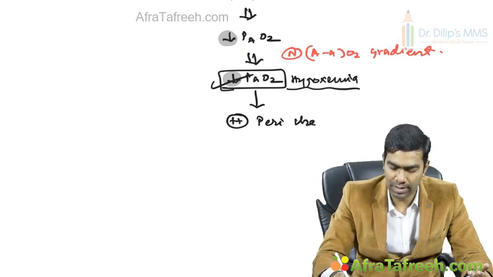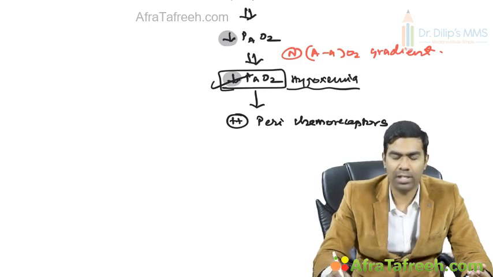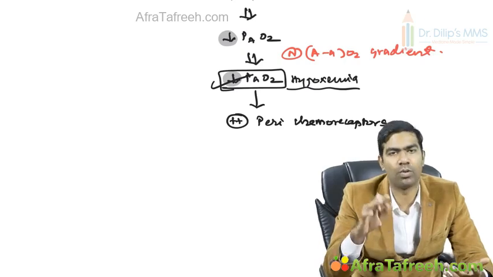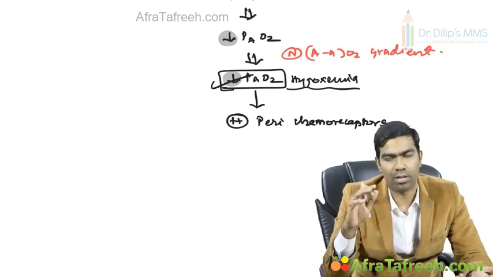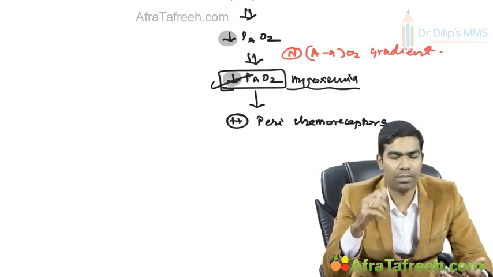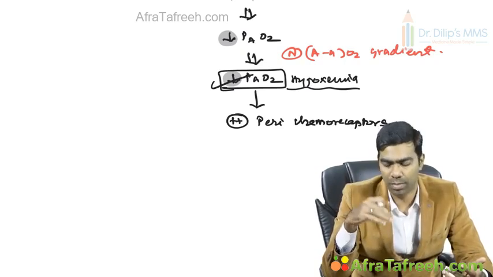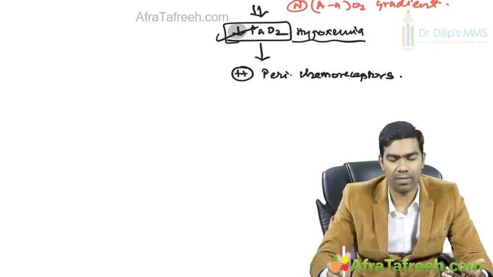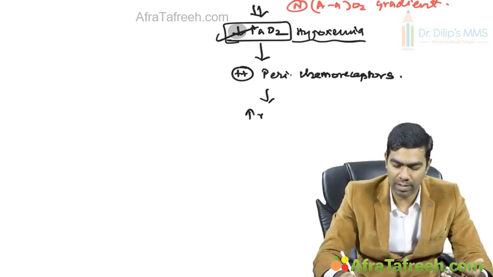This low oxygen itself will activate the peripheral chemoreceptors. Please do remember, and I shall discuss this later, the central chemoreceptors are not going to sense your hypoxemia. Oxygen cannot be sensed by your central chemoreceptors. Only peripheral chemoreceptors can sense this hypoxemia, and they are going to increase the respiratory drive.